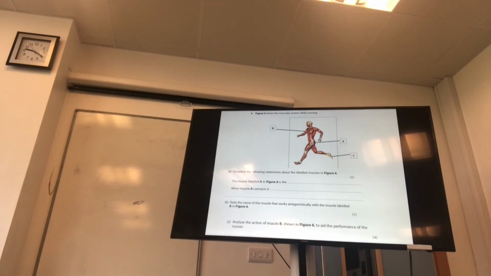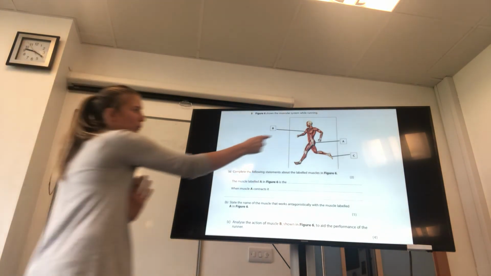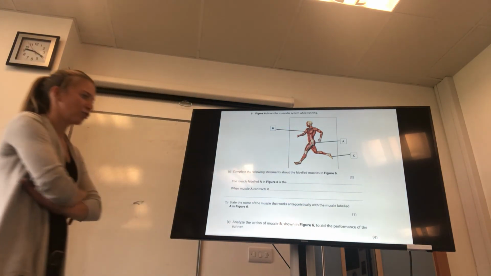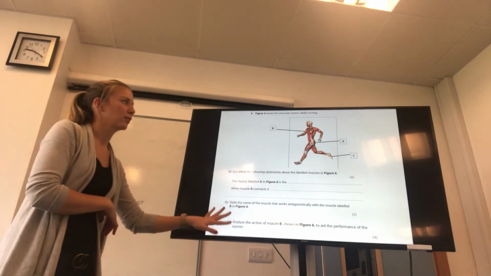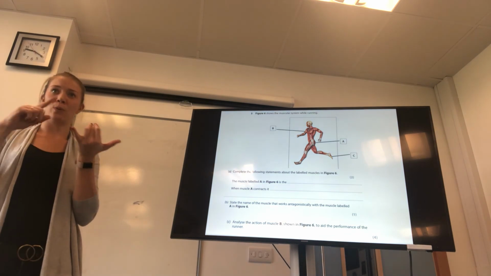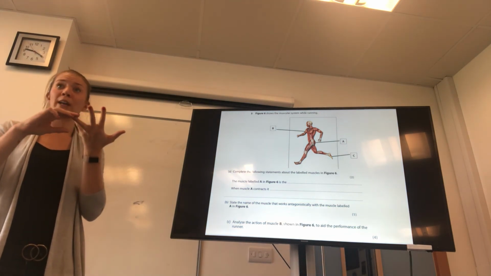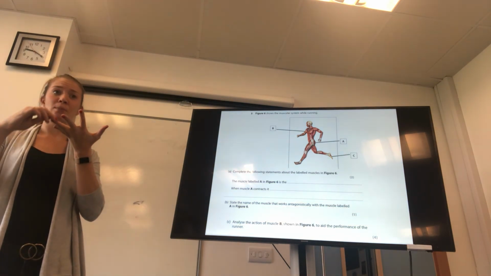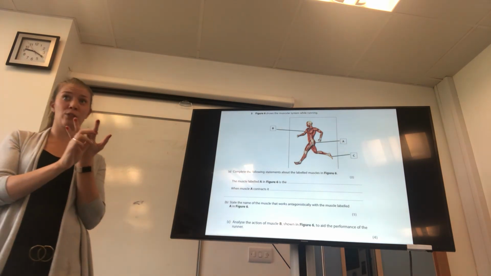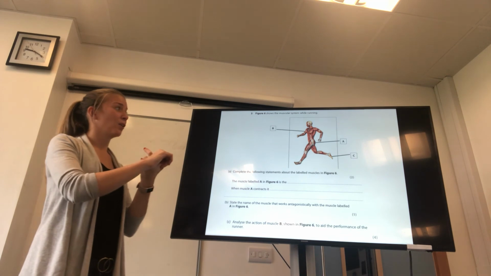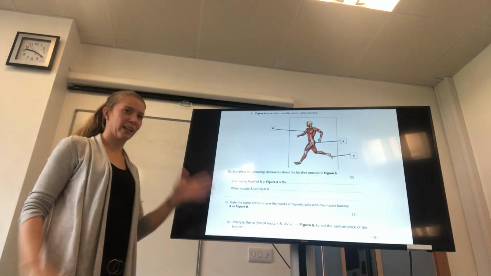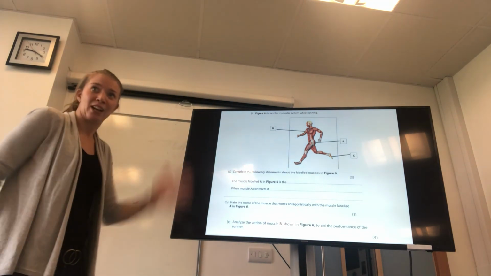Then the last bit, see if you can have a go at this on your own. Analyse the action of muscle B, shown in figure 6, to aid the performance. It has 4 marks. It will want to know what muscle it is, what movement it creates, and you might get a mark, I've not looked at the mark scheme, for the muscle it works with, and then how that aids running. Because it's going to do this, isn't it, the arm?